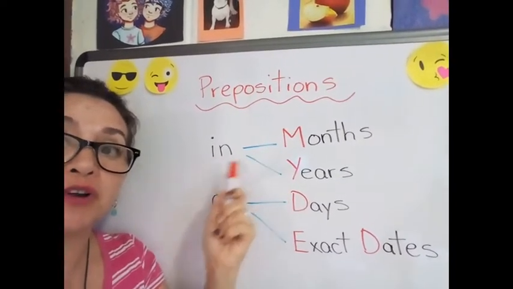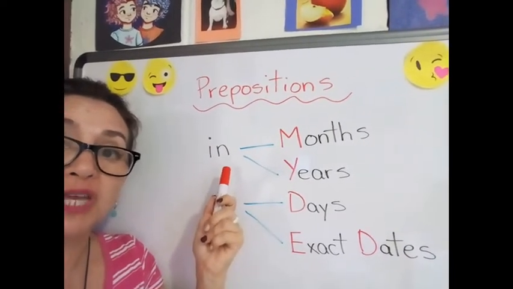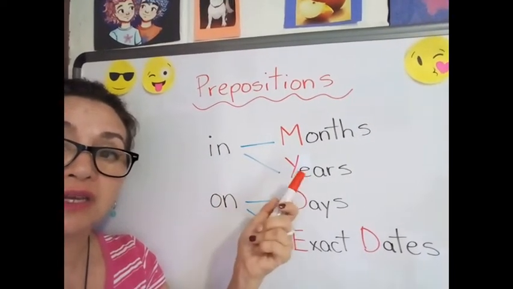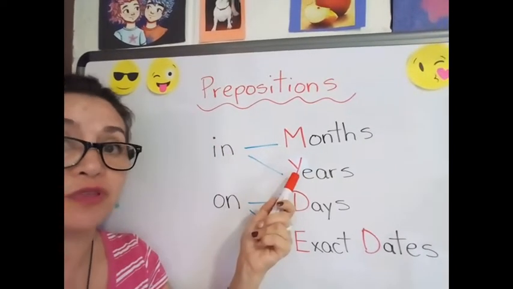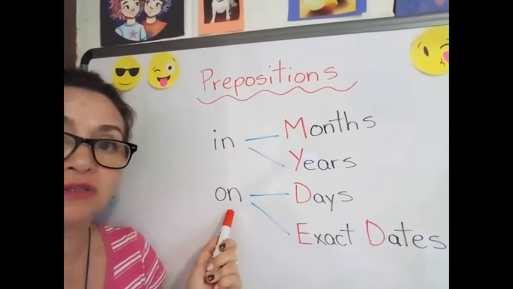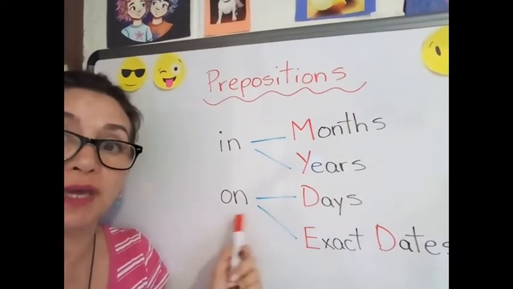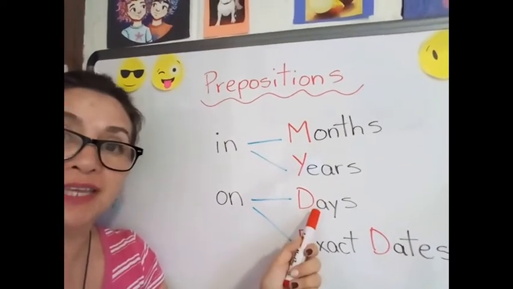In November, in January. When do we use it with years? In 2017, in 2020. When do we use on? When we talk about days of the week. On Monday, on Tuesday, on Saturday, etc.